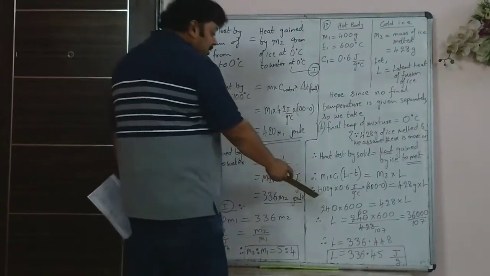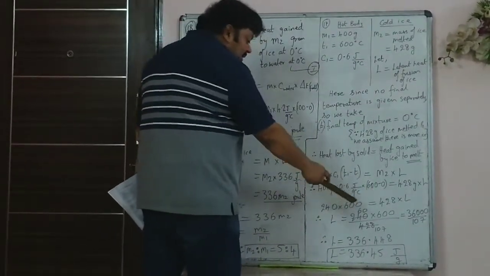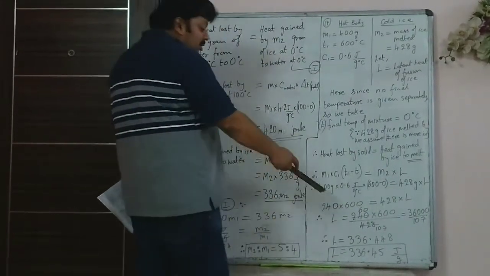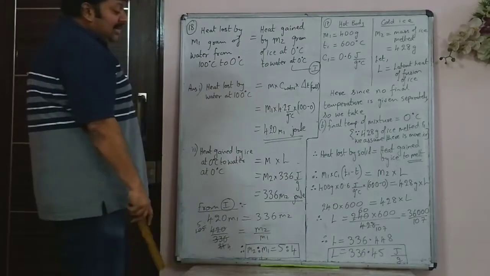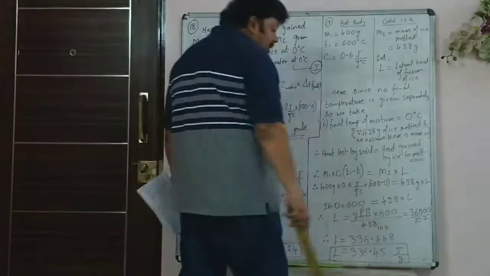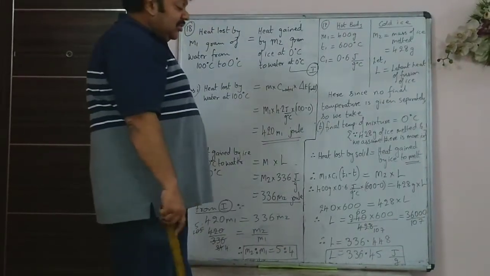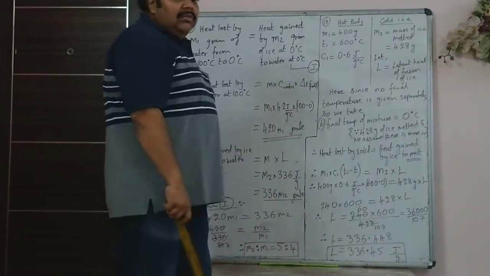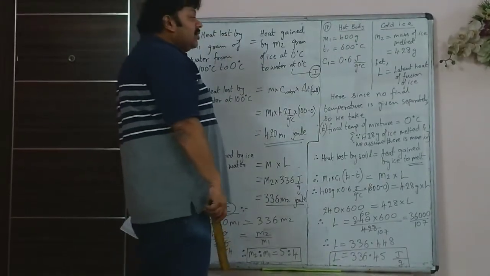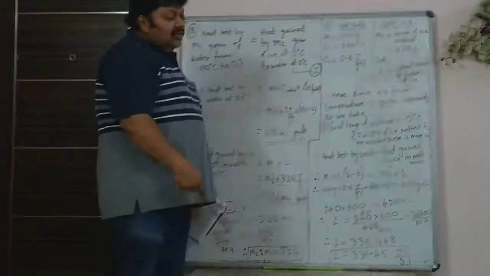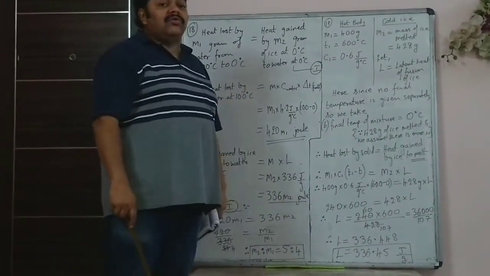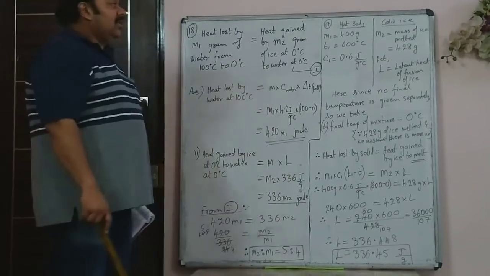So 400 into 0.6 into 600 is equal to 428 into L. When you calculate, you will get the latent heat of fusion as 36,000 upon 107. On division, you get it as 336.448. And since it is latent heat of fusion, there is no degree Celsius, so it will be only joule per gram. That is the latent heat of fusion of ice in this particular sum.